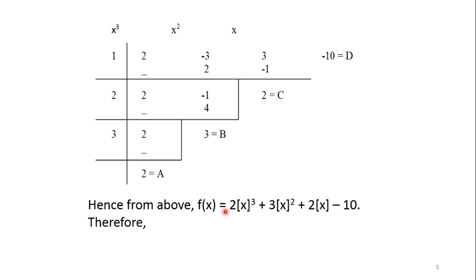Hence from the synthetic division, we obtain the factorial function of the given polynomial as 2 into x^(3) plus 3 into x^(2) plus 2 into x^(1) minus 10. Now from this we can find the differences. To find the first difference, 3 into 2 x^(2) gives 6 into x^(2) plus 6 into x^(1) plus 2.